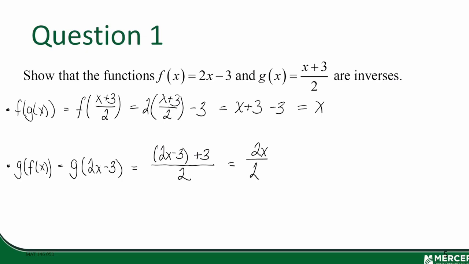Just 2x. And then 2 over 2 is 1. We're left with x. Both cases, we got x. That means that f and g are inverses.